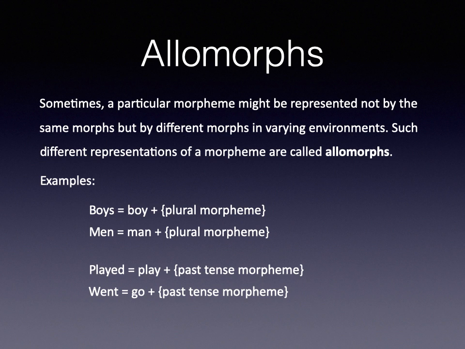It's a different representation. So in played and in went, what you add to the verb is the same morpheme, that is a past tense morpheme, but the shapes that you use to represent it are completely different in either case. So in both played and went, we can see that they are allomorphs of the same morpheme, which is the past tense morpheme.